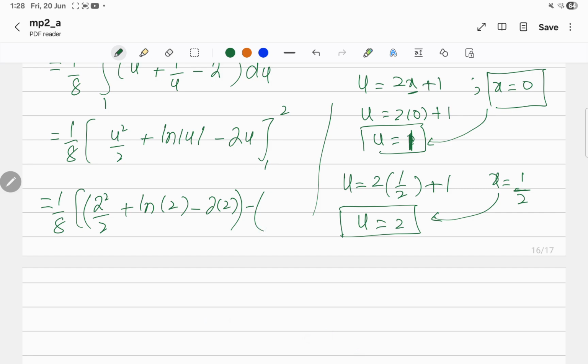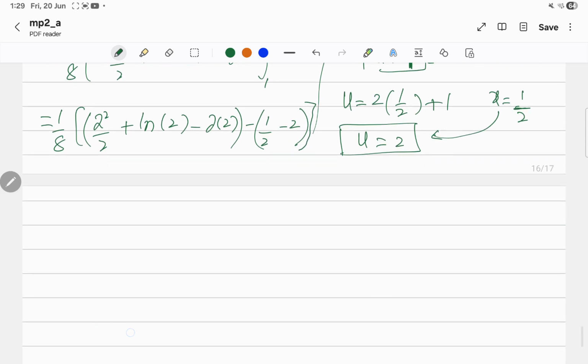When you put the lower limit in, it will be 1 over 2, because you replace u square with 1, so it's 1 over 2 plus ln of 1, which is 0, minus 2 times 1, which is minus 2. So now it will be 1 over 8, 2 square is 4, 4 divided by 2 is 2, plus ln of 2, and 2 times 2 is 4, minus 4, minus half, positive half minus 2 will be minus 3 over 2.